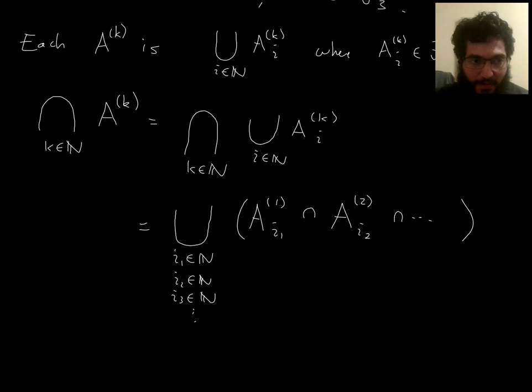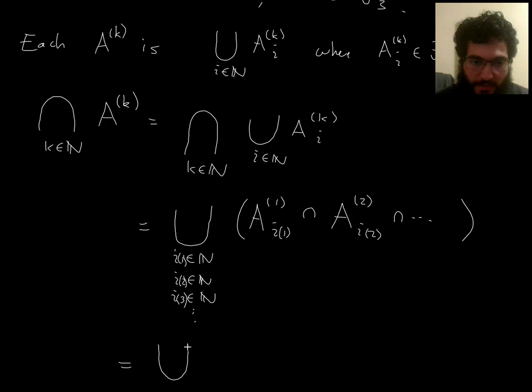Okay, there's definitely a better way to write this. Let's think of this as I of 1, thinking of I as a function, I of 2, I of 3, etc. Then this is basically running over all possible functions I from natural numbers to natural numbers.